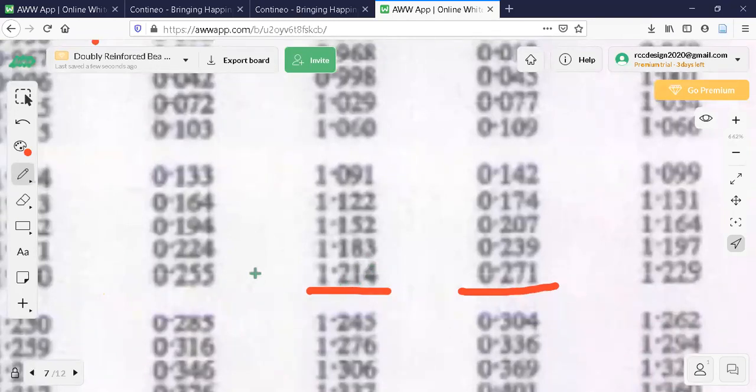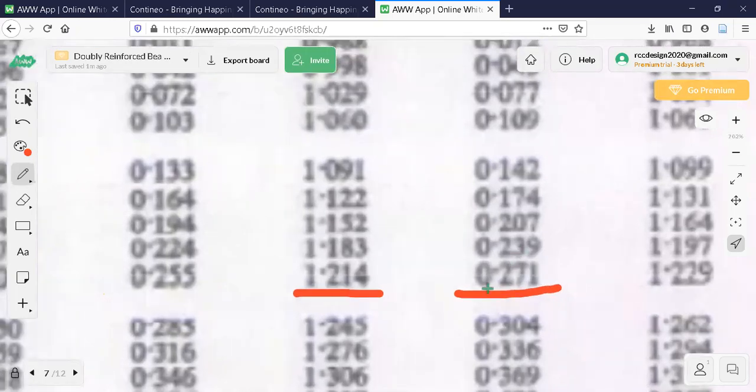That is Ast by bd into 100 is equal to 1.21. In that, you can find Ast, that I will show you. Then 0.271 means Asc by bd into 100 is equal to 0.271. So calculate Asc, because PT is already there, no?